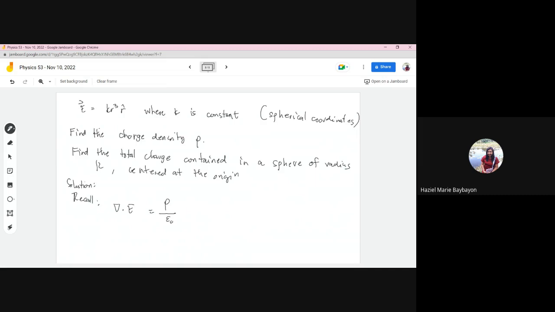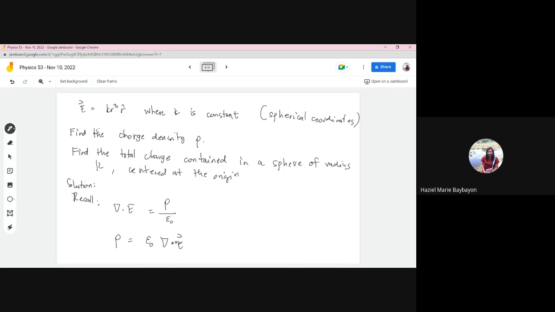Do you still remember? Okay, so to find the charge density, since we are given the electric field, we just have to manipulate this equation. So you have rho is equal to epsilon naught, a constant, multiplied by the divergence of the electric field.